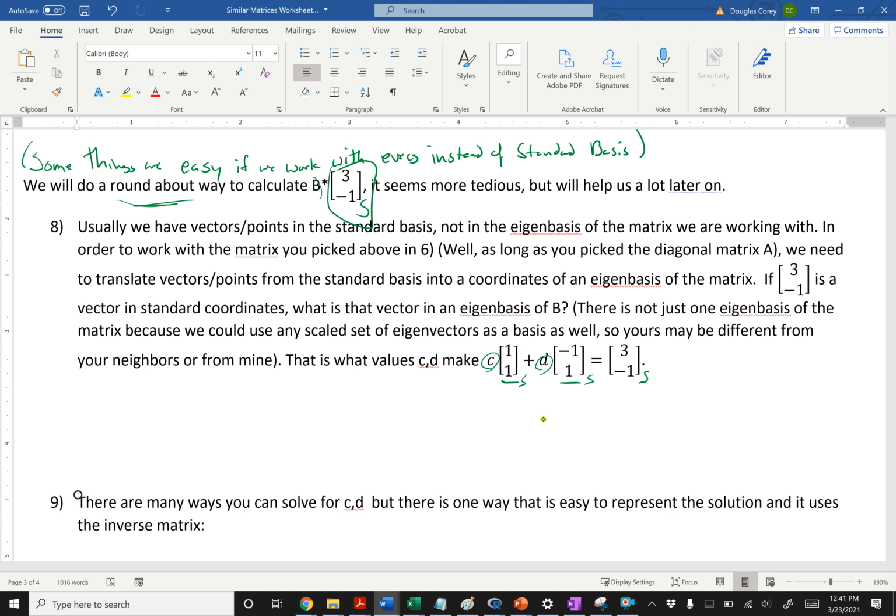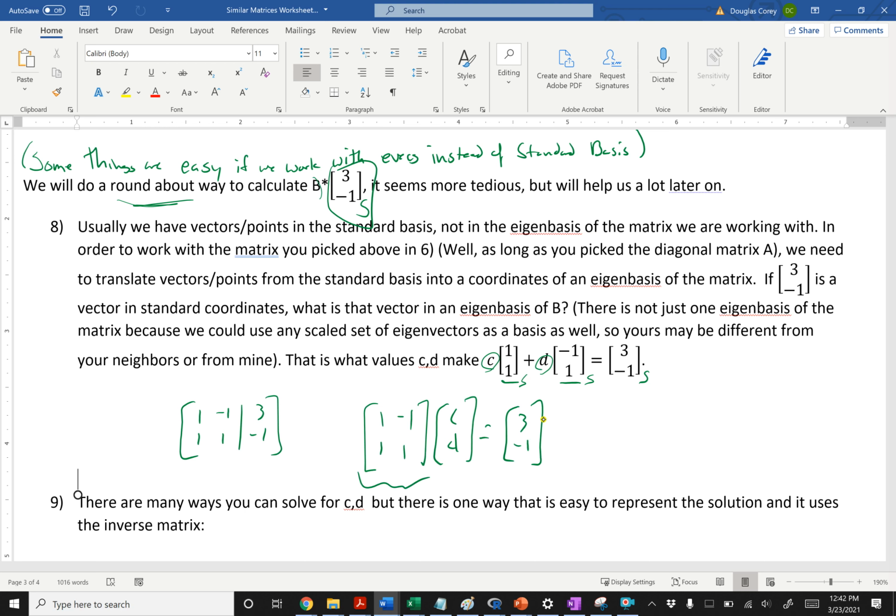Well, I can think about that in different ways. I can think about that as 1, 1, -1, 1, 3, -1, and I can row reduce and solve. Or I can think about it as 1, 1, -1, 1 times CD equals 3 and -1. So if I think about it this way, then I can find the inverse matrix of this.